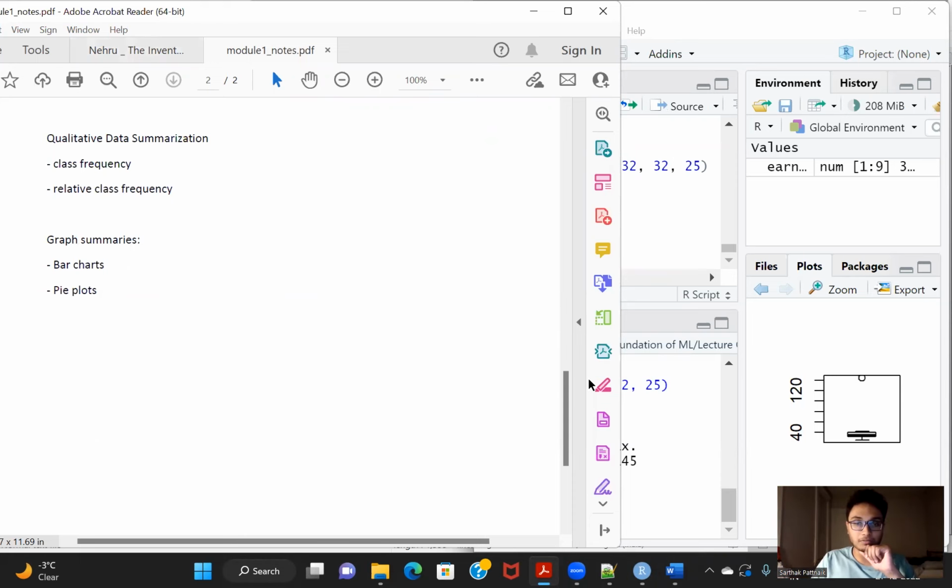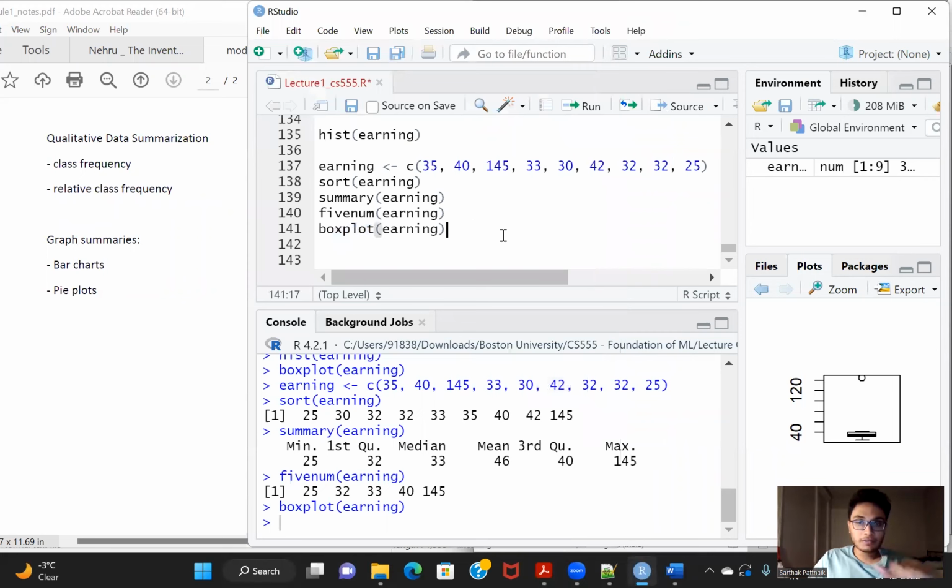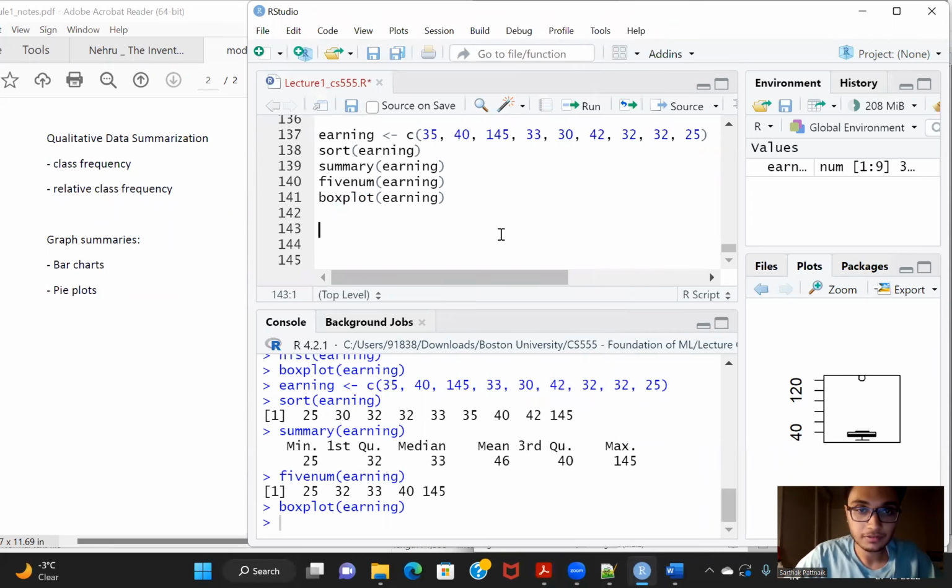Let's just say, for example, I have a variable called socks, and I have red, blue, blue, and green.